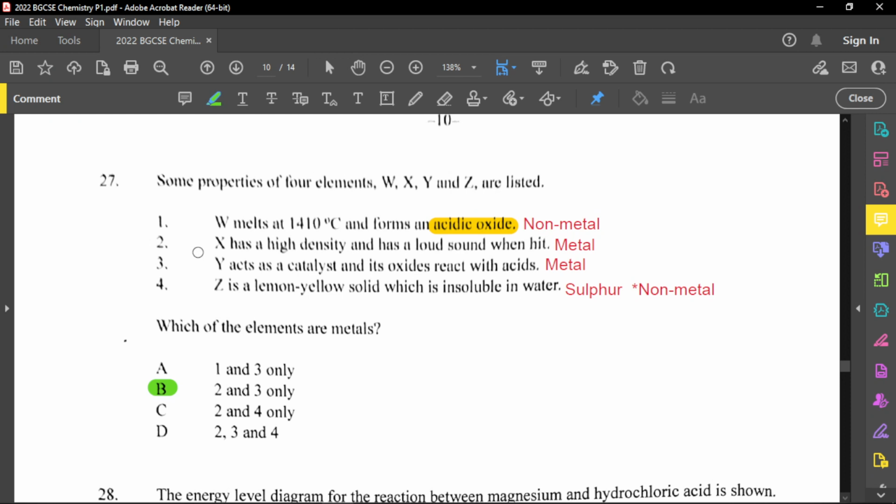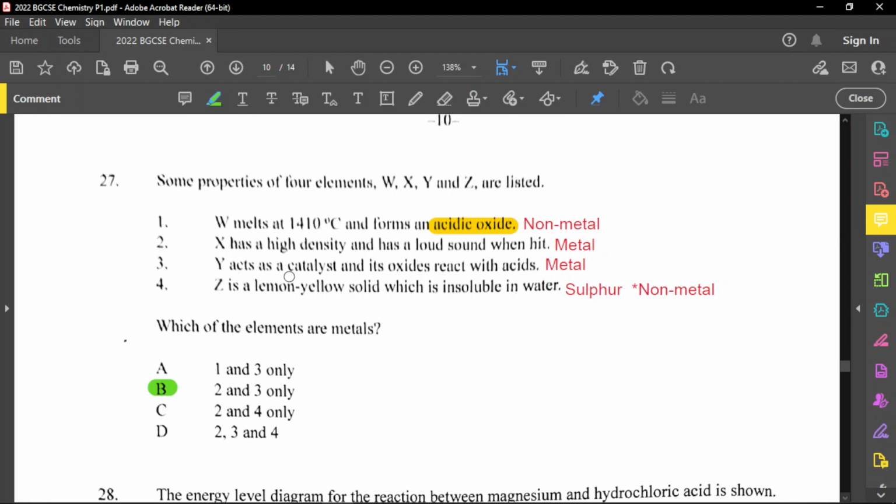For X, it has a high density and makes a loud sound when hit. That tends to be a metal, because once you hit a metal, it gives a strong vibration. Non-metals give a lower sound, but metals give a higher sound because the vibration passes through easily; they conduct sound really well.